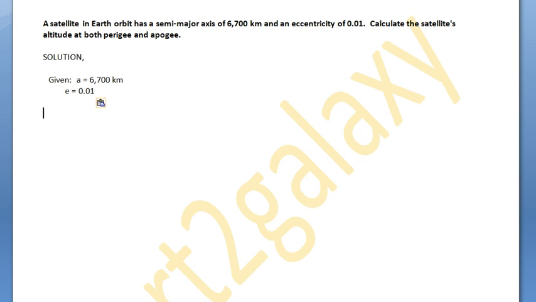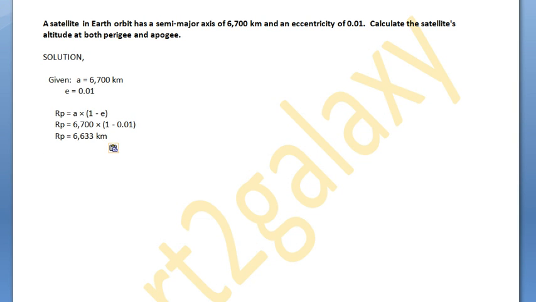It is given that the semi-major axis is 6700 km and the eccentricity is 0.01. First of all, we have to calculate the radius of perigee and radius of apogee. After calculating the radius, we can calculate the altitude of both.